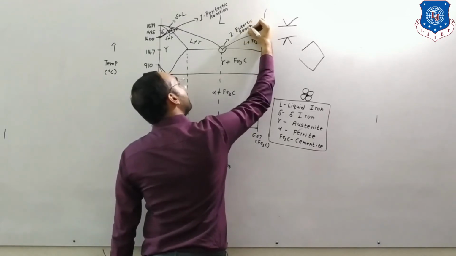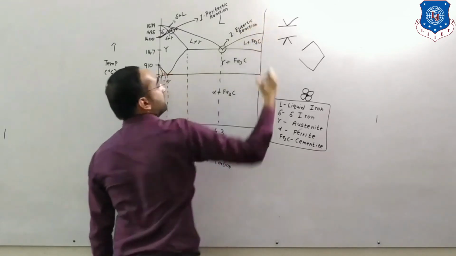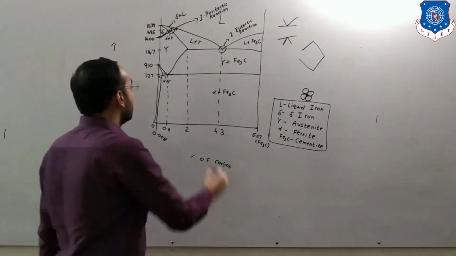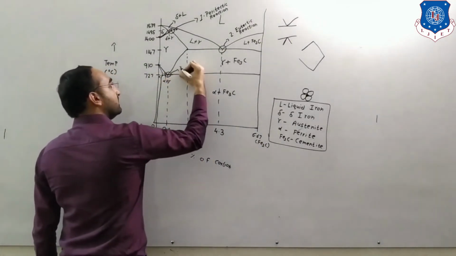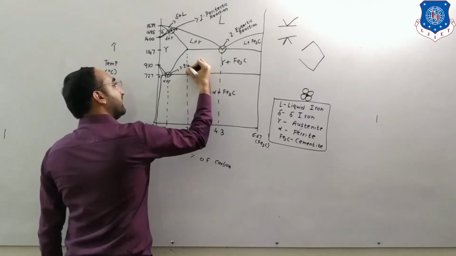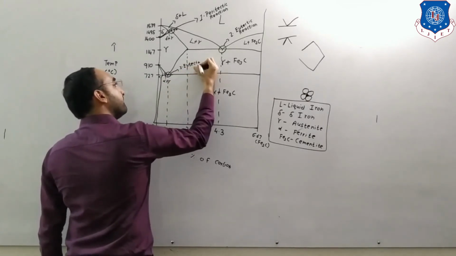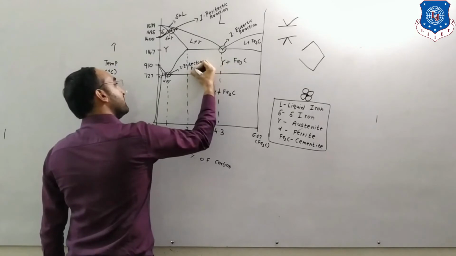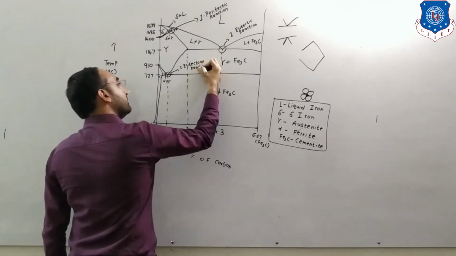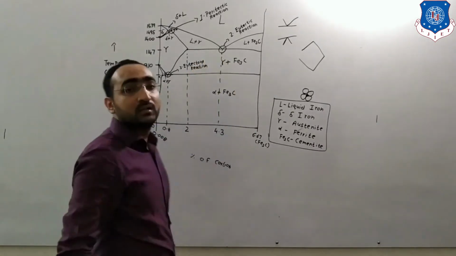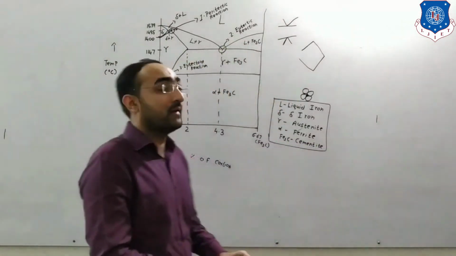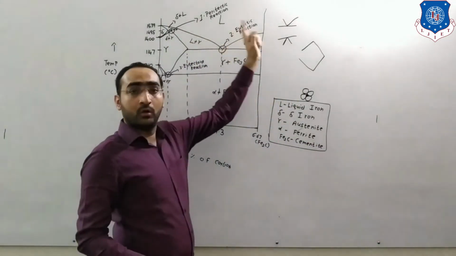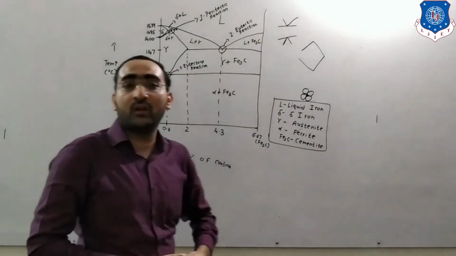That is your eutectic reaction. And the third occurs over here. That is known as the third one, eutectoid reaction. That is your eutectoid reaction. So there are three reactions occurring in an iron carbon diagram. First one, peritectic, eutectic and eutectoid reaction.